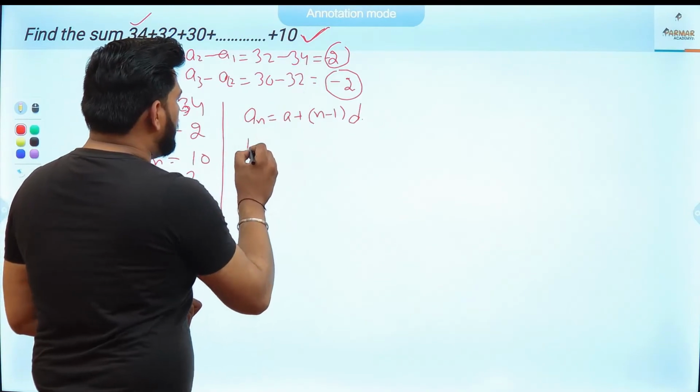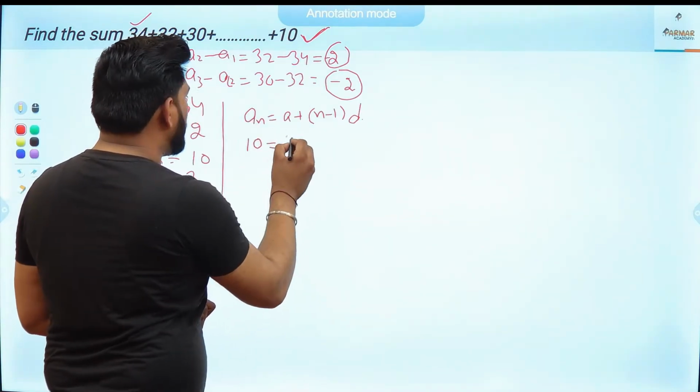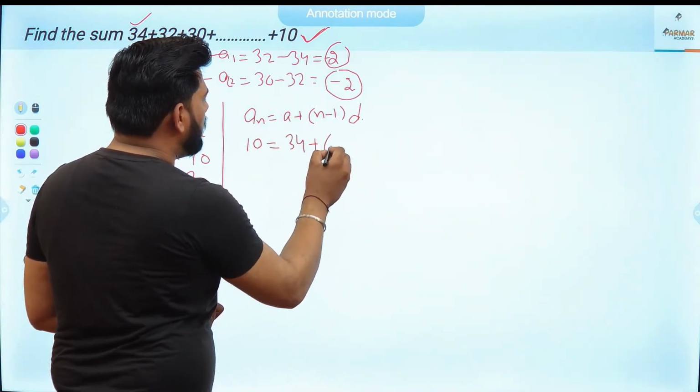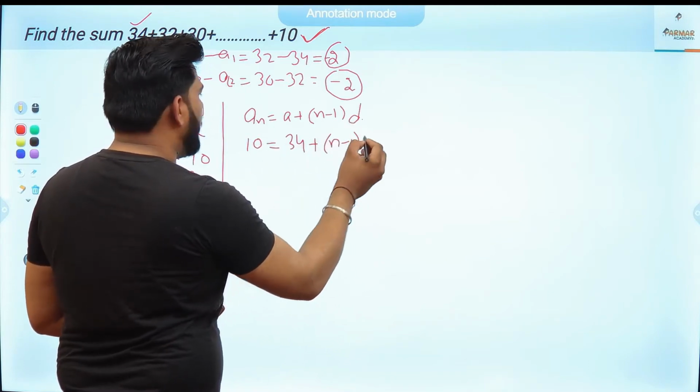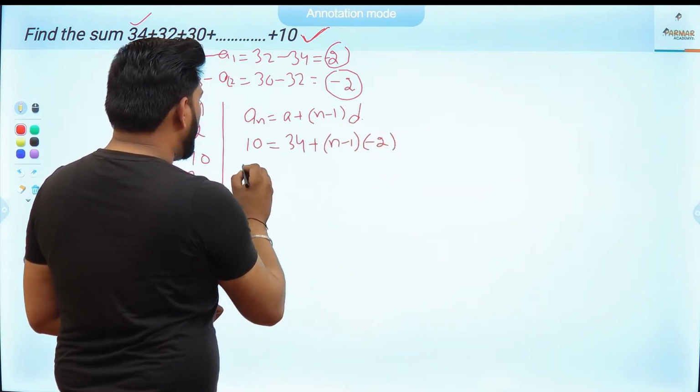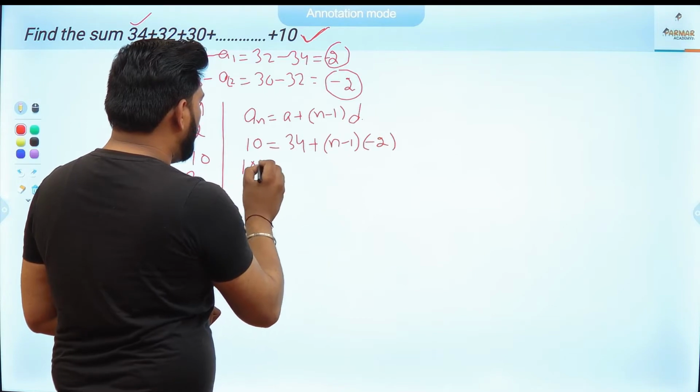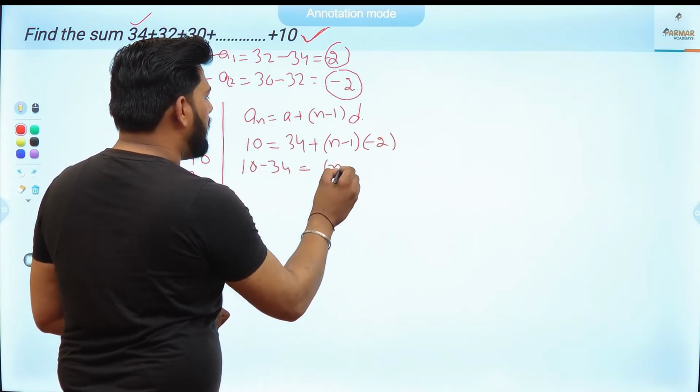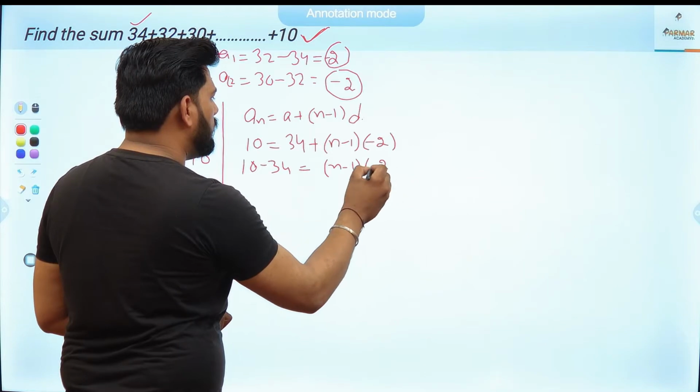An, that is 10, is equal to a, that is 34, plus (n minus 1) into d, that is minus 2. So 10 minus 34 is equal to (n minus 1) times minus 2.